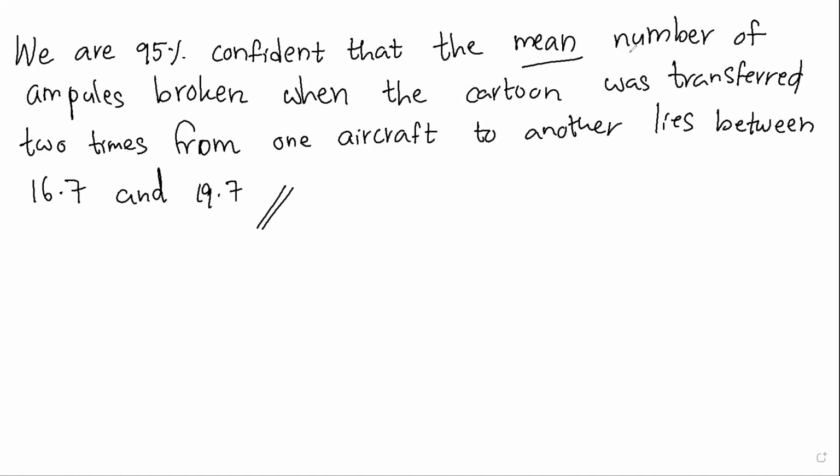But if you want to make this more sensible, because we are talking about a number, you can keep it in integers, but don't say it's between 16 and 19. It's wrong. When we properly round it off, you can say between 17 and 20.